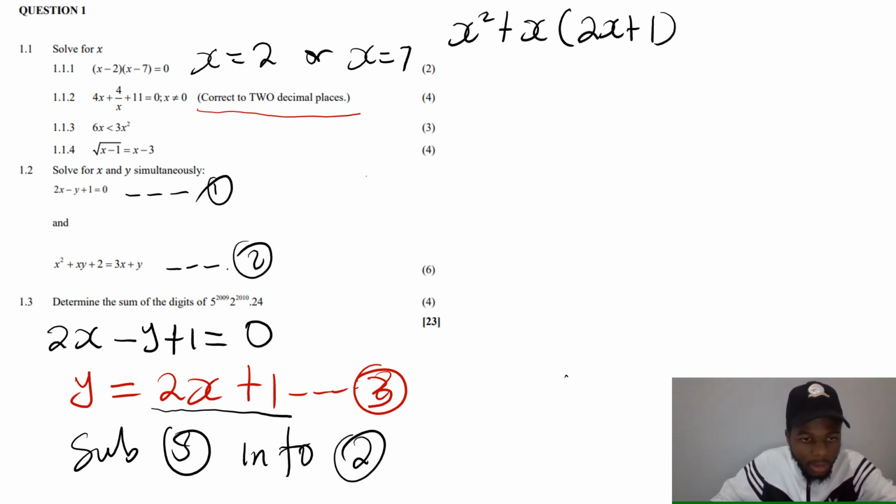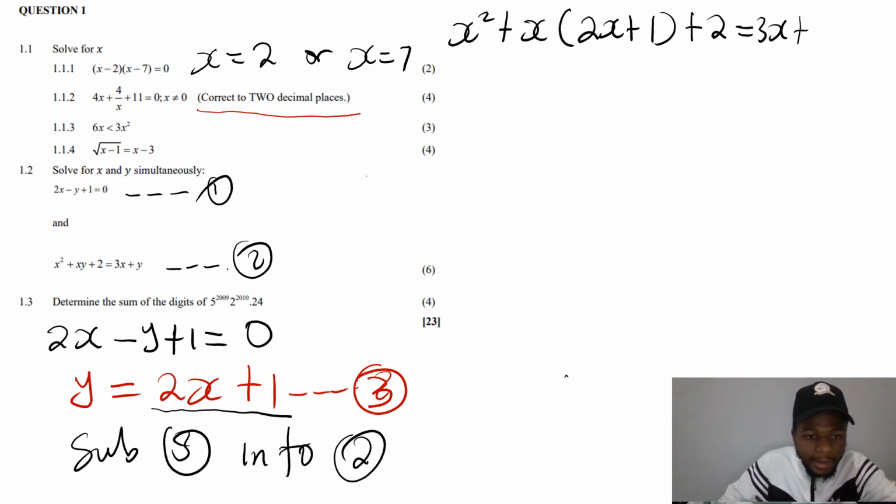Then it says x squared plus xy plus 2 is equal to 3x plus y. What is our y? It is 2x plus 1. Perfect, this is our y.